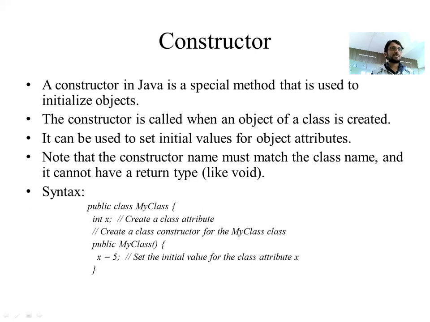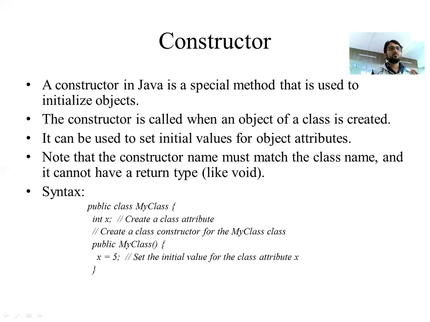After the class name, in the curly braces we can have the different attributes that we are going to use. Then we can create one constructor with the same name as the class name. To create a constructor, we use the same name as the class name: public MyClass, with opening and closing braces.